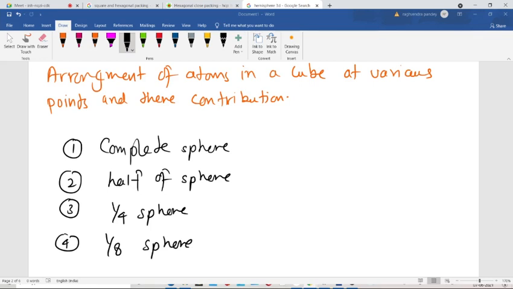Then, so this is 1/4 of a sphere. Why am I telling you this? When I tell you that 1/4 is arranged here, you can understand. Now this is a very good image.